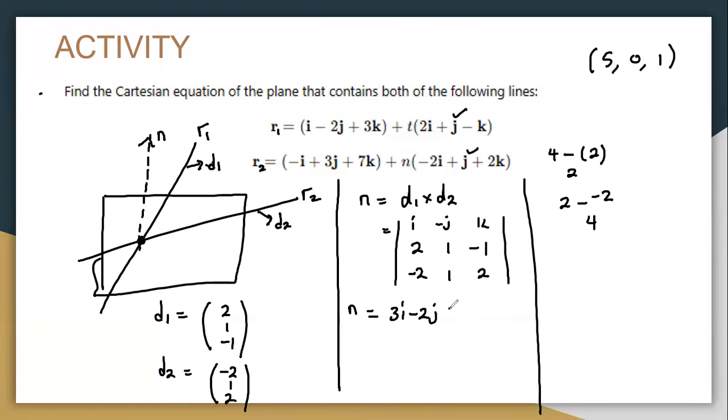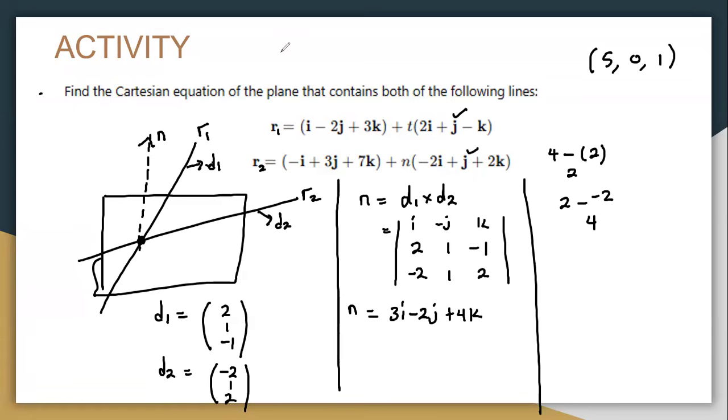So here I'll end up with a plus 4k. Members, are we still together up to that point, on finding the normal? Okay, people are saying yes.